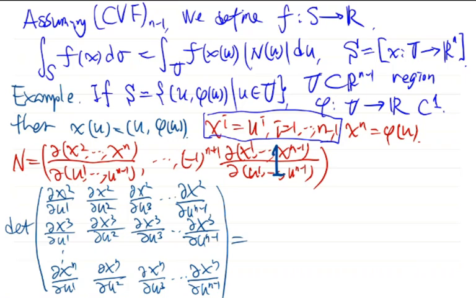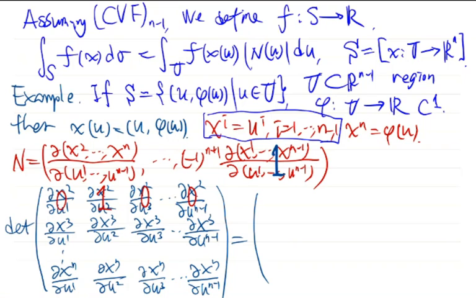What's this? x2 to u1 is 0. x2 to u2 is 1. x2 to u3 is also 0. The others are all 0.